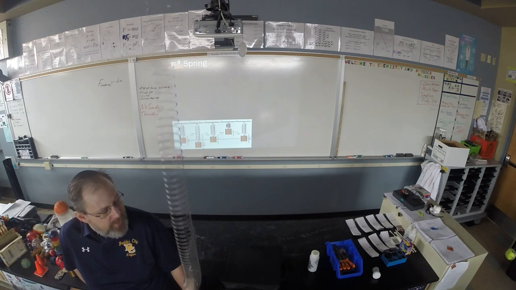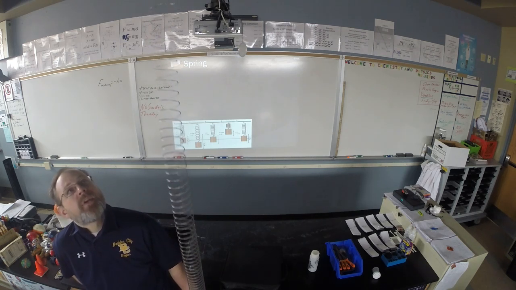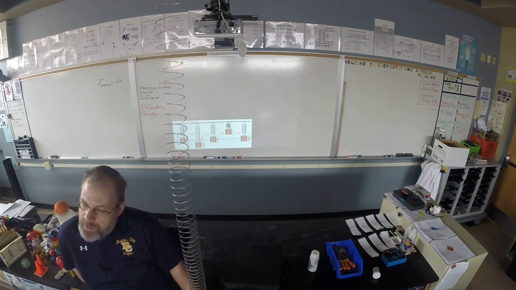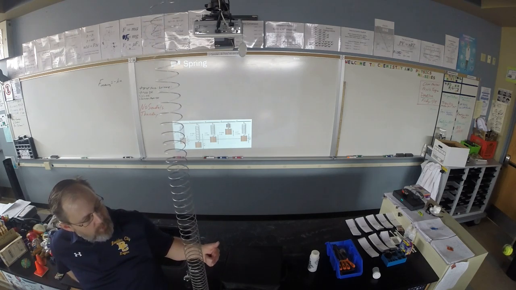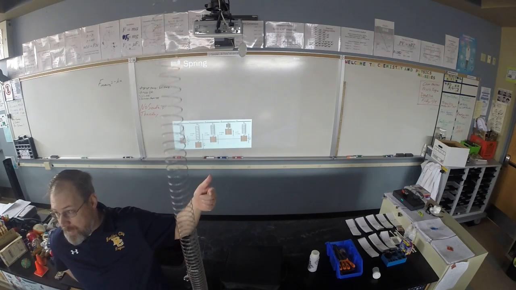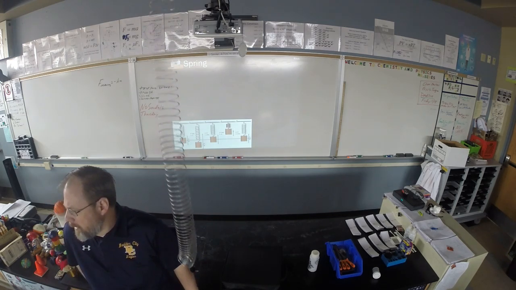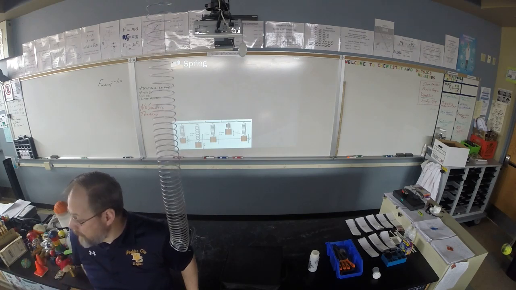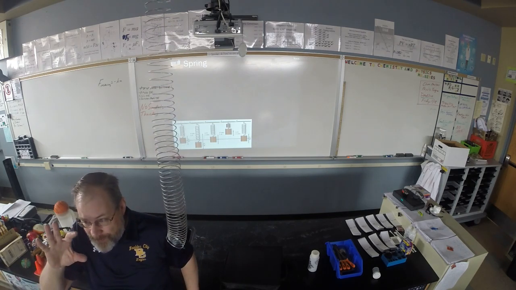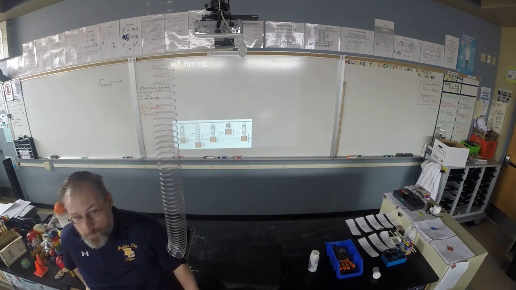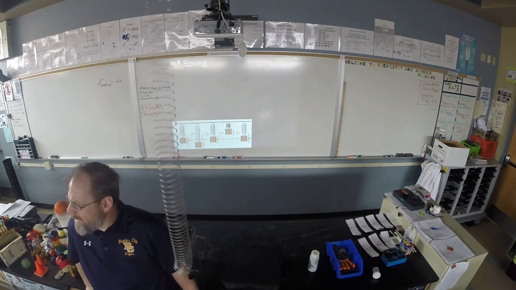Now you might notice that it doesn't just go all the way up and keep going up, because eventually, as the mass goes above the equilibrium point, what happens to that restoring force? It decreases. The restoring force is small because the x has gotten very, very small. What happened to the weight?